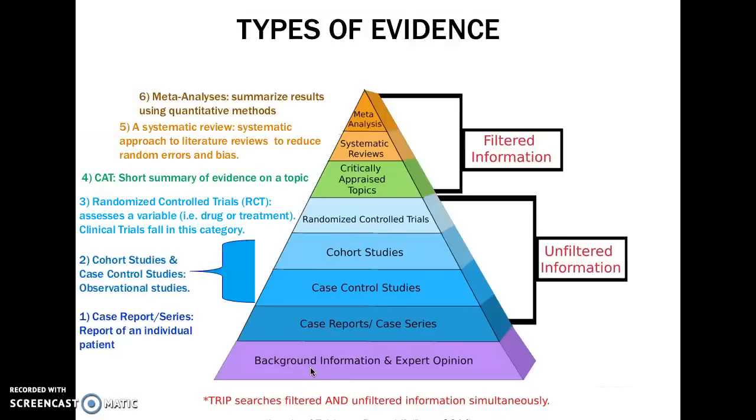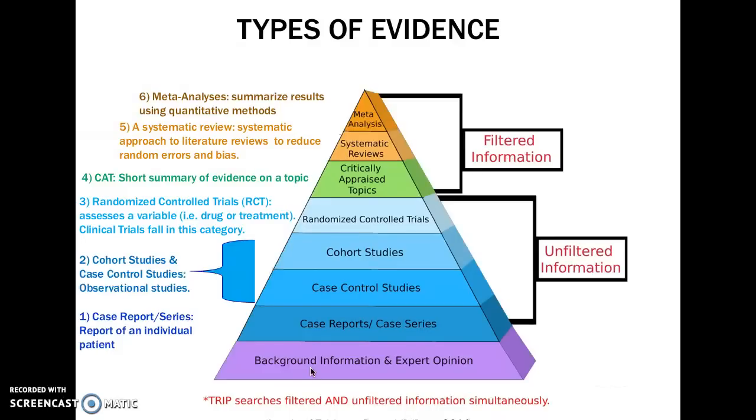In these cases, we are still the primary gatherers of the data. So the information has not been filtered through any other source. It has been determined through methodology by the researcher. So unfiltered information, that middle portion of the pyramid, is basically driven by the researcher.